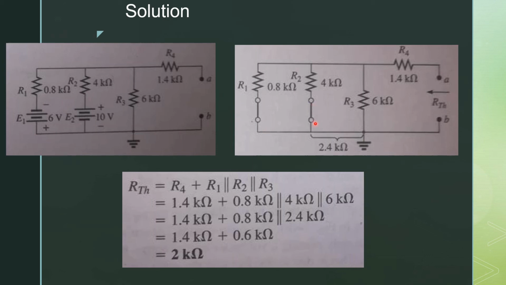Now you will see that R3, R2, R1 are in parallel combination with R4 in series when we are going to find R Thevenin. So R Thevenin is equal to R4 plus R1 parallel to R2 parallel to R3. So we get the value of R Thevenin equal to 2 kilo ohms.